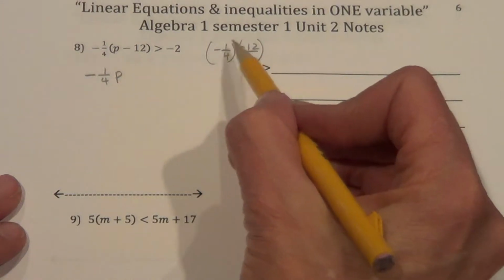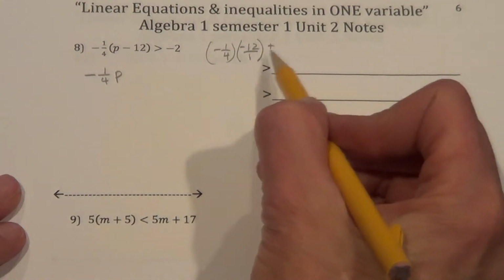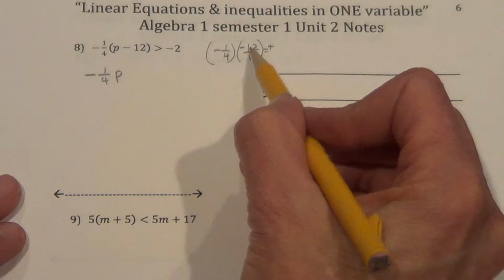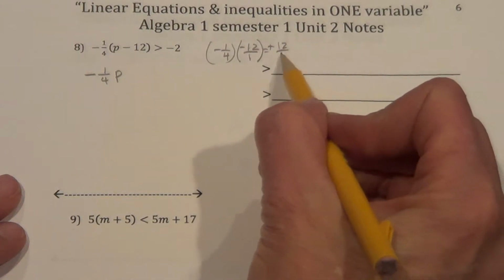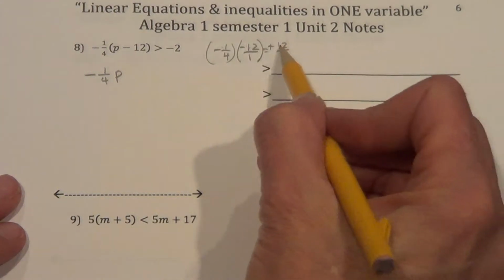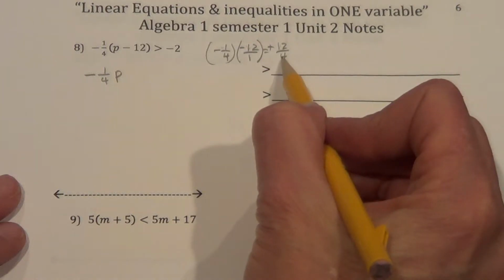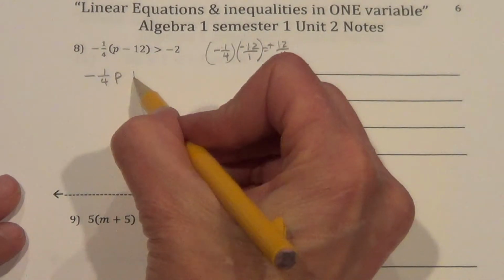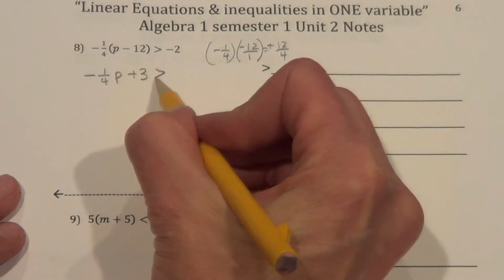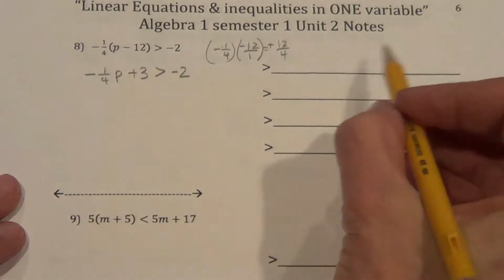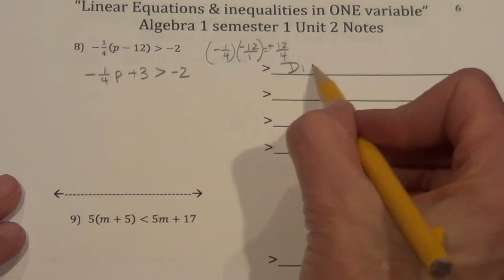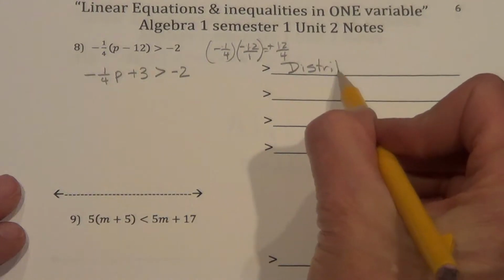A negative times a negative is positive. 12 over 4. 1 times 12 is 12, 4 times 1 is 4. 12 over 4 is equal to 3, so it's a plus 3 is greater than negative 2. So our first step there was distributive property.